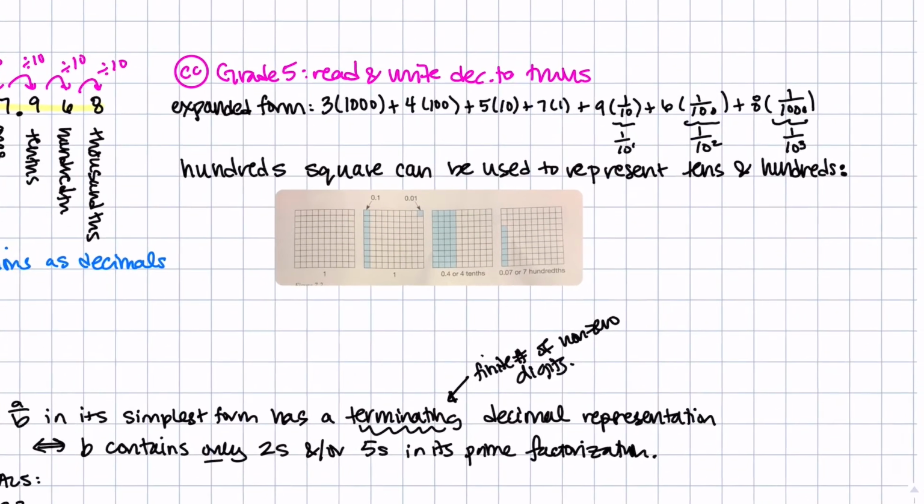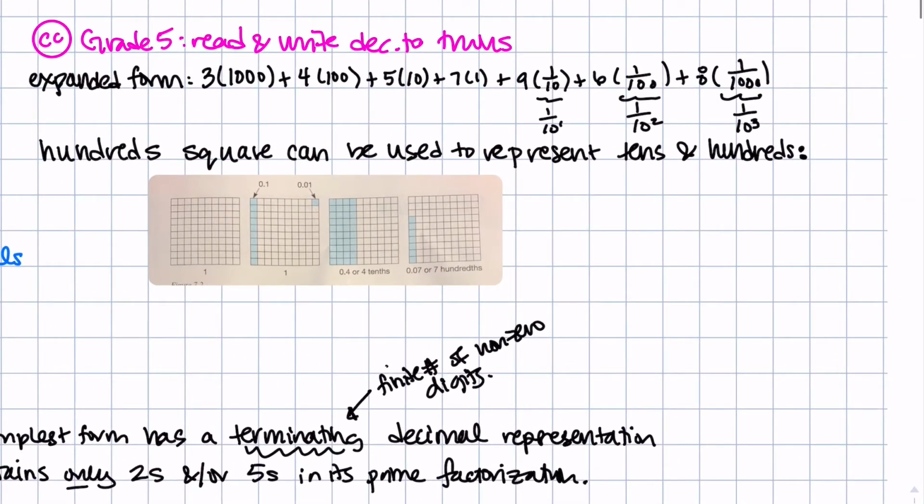We can also represent these decimal numbers visually using a hundredth square. So now instead of thinking of this whole square as 10 by 10, and representing 100 units, I'm going to think of this whole square as representing 1 unit, okay? And it's broken into hundredths, all right?